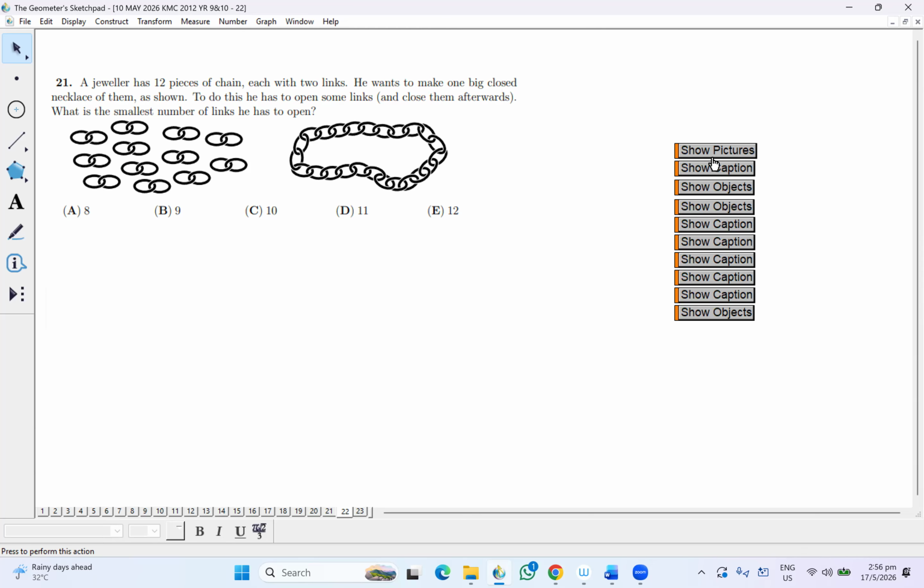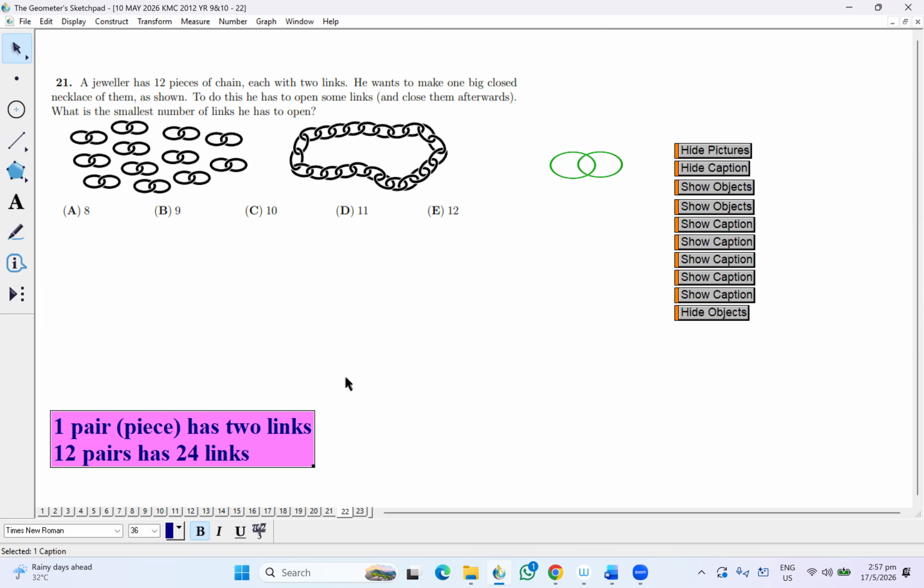So we first make sure we understand this is one piece. One piece has two links. Each one has two links, one piece. So if you have 12 pieces, I prefer to say 12 pairs. 12 pieces, 24 links, because the question says you have 12.